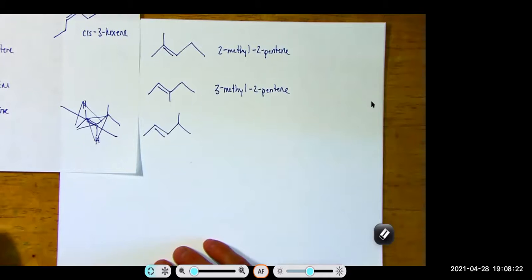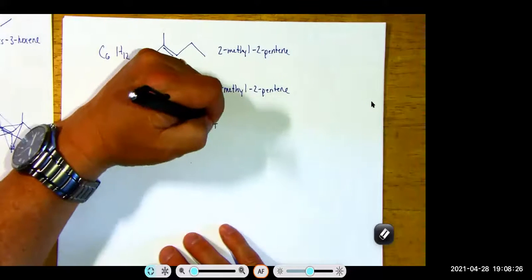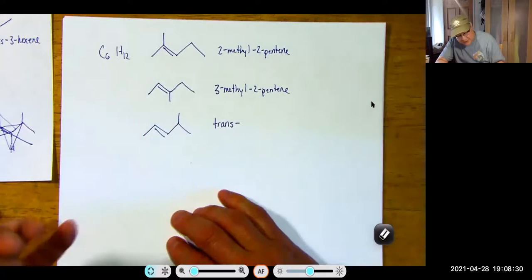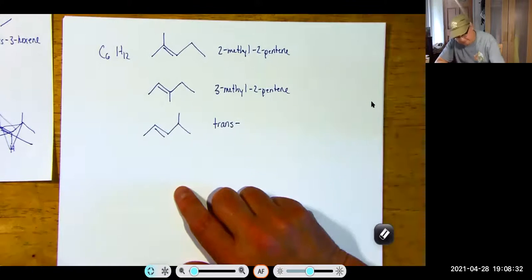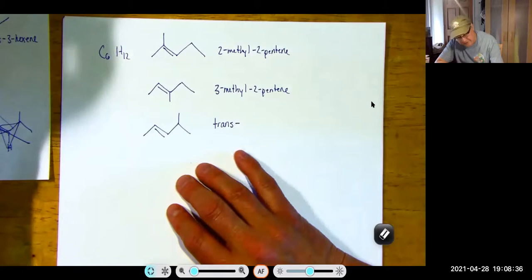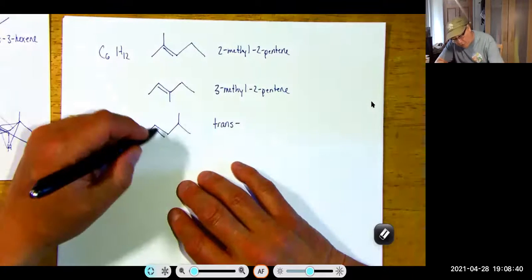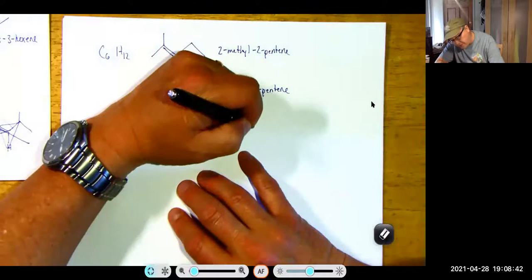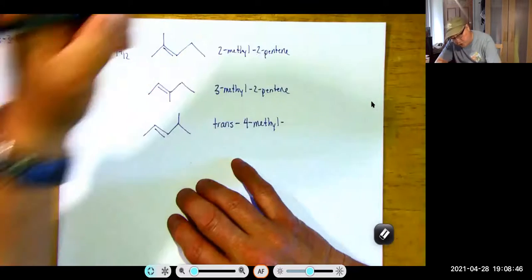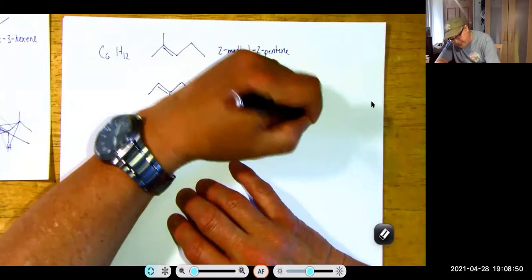So cis or trans? Trans. So don't be afraid to take the 10 seconds it takes to redraw it and put the hydrogens in. This is definitely trans, and we call it trans-4-methyl-2-pentene.